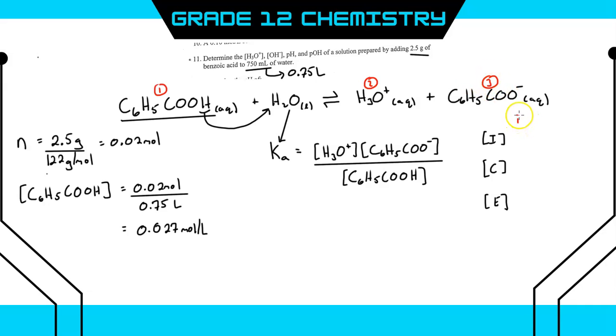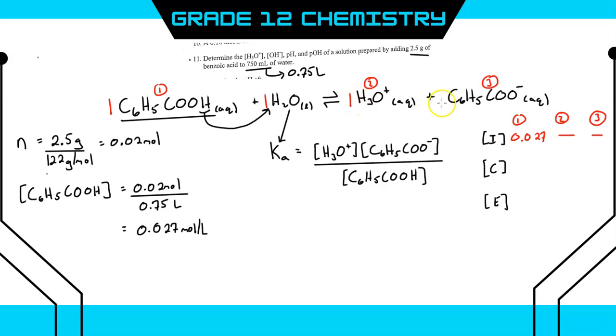So we're going to look at those concentrations of 1, 2, and 3. So initially, we have 0.027 moles per liter of benzoic acid, and nothing else.